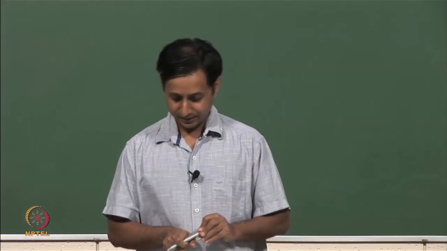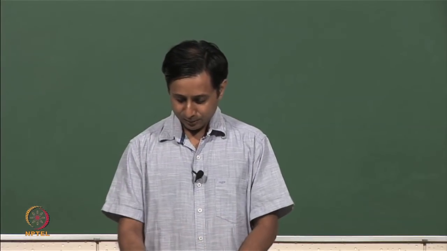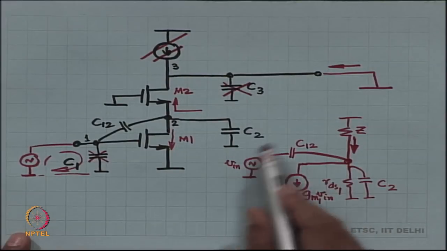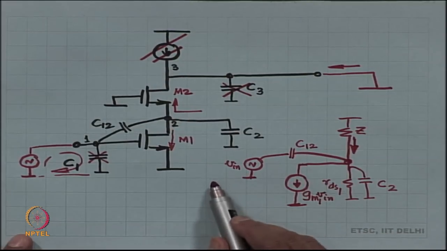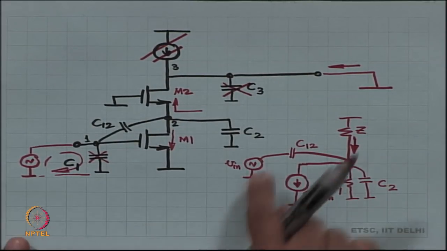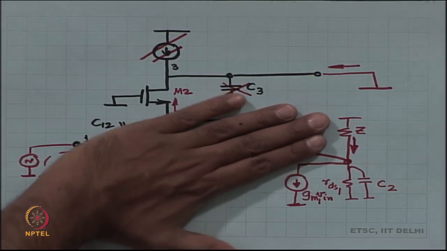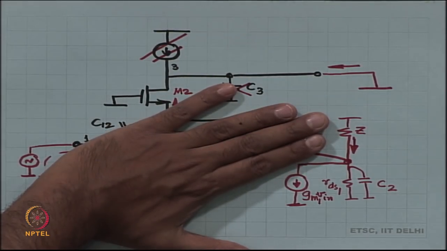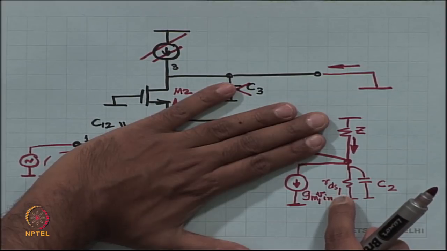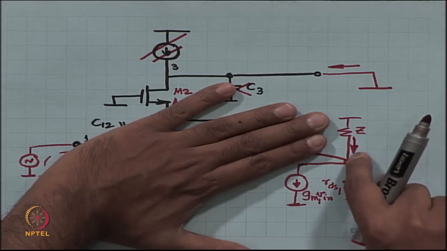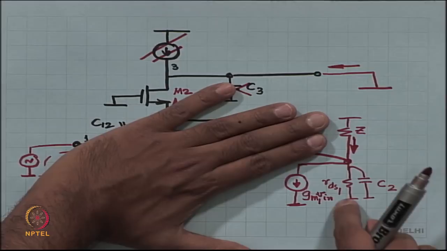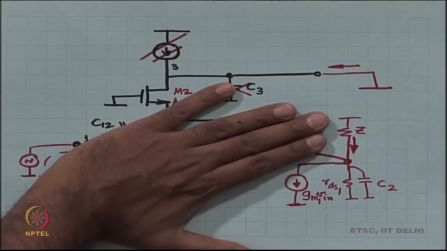Fine, great. Now, this C12 is creating a complication over here. What if C12 was not there? Would you have been able to write the answer by inspection? The competitors would be Z and RDS1 in parallel with C2.